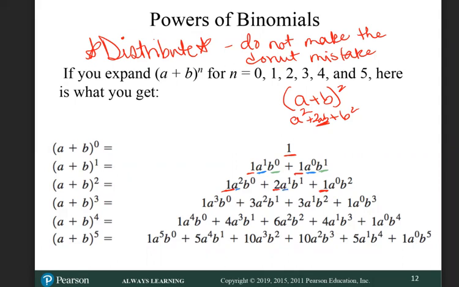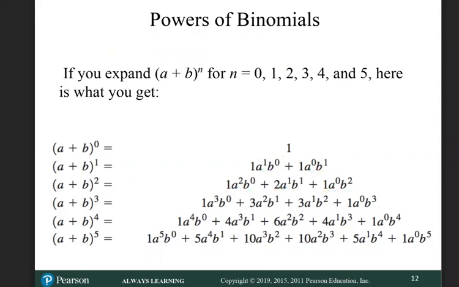We went through this whole pattern two classes ago when we introduced the chapter. Okay, so if I'm looking at these coefficients, I have (a + b) to the 0 equals 1. (a + b) to the first is 1a to the first b to the 0 plus 1a to the 0 b to the first.